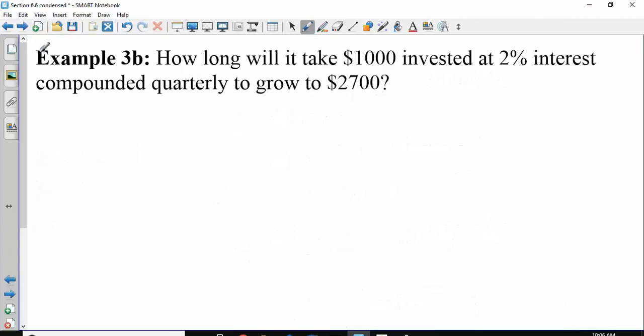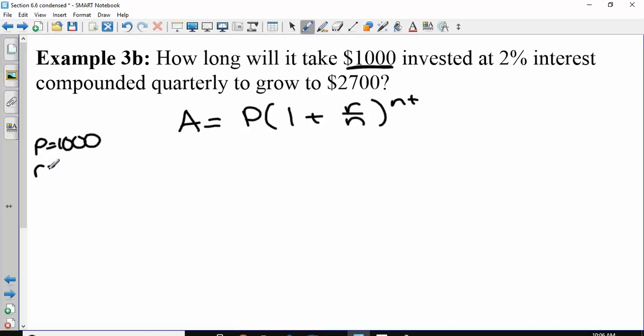Another one like that? How is this one different? Because it's quarterly. So we have to use the other interest formula. Okay, so what is the 1,000?